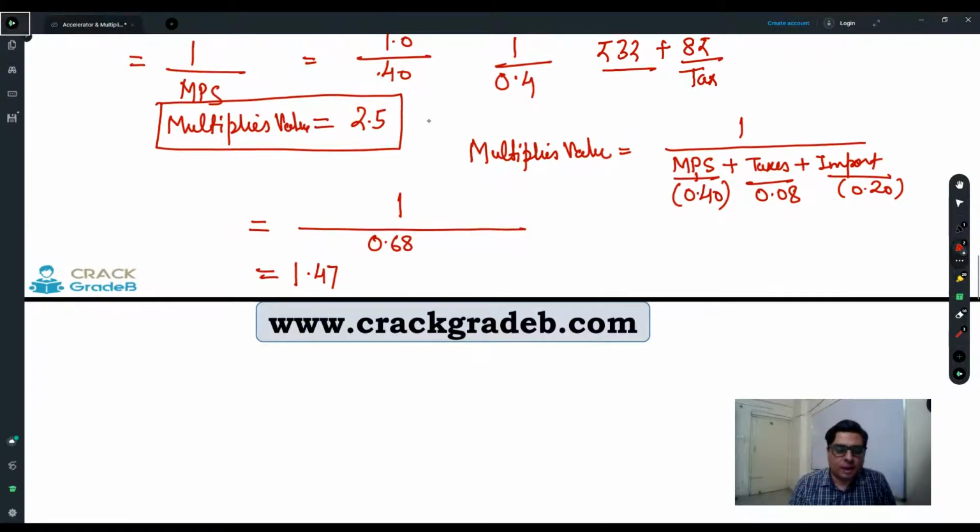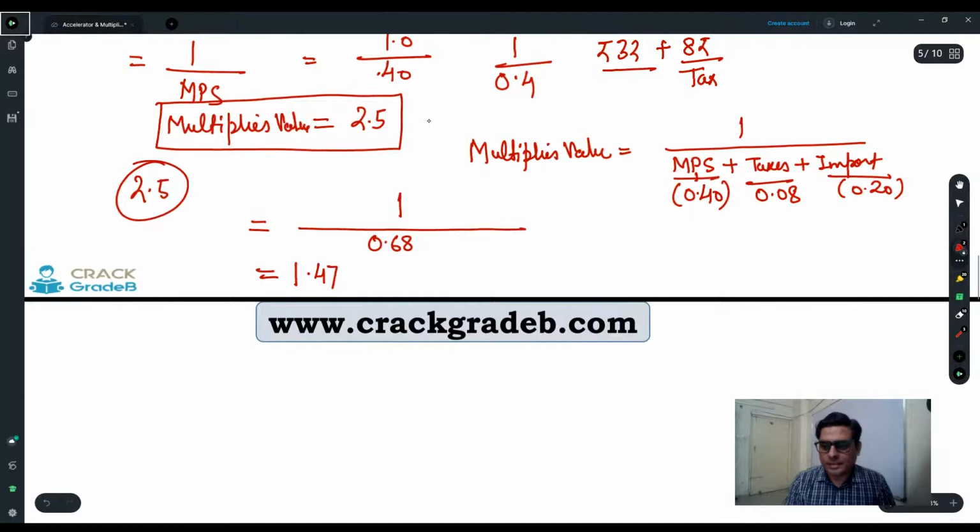Have you seen how the multiplier effect value changes? Earlier it was coming 2.5. But when you take in all these things, the taxes and import part, you find that the multiplier value is 1.47. 1.47 is the value of the multiplier. Right? So in that way the multiplier value is defined.